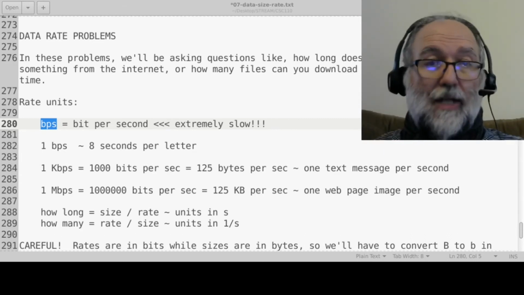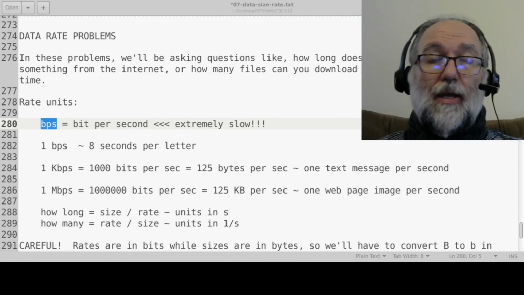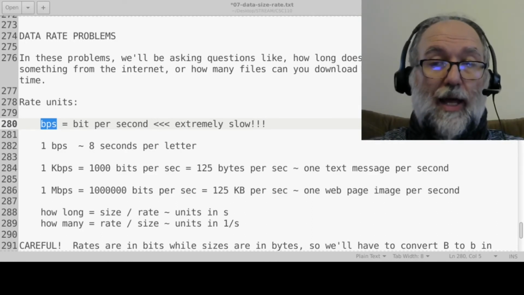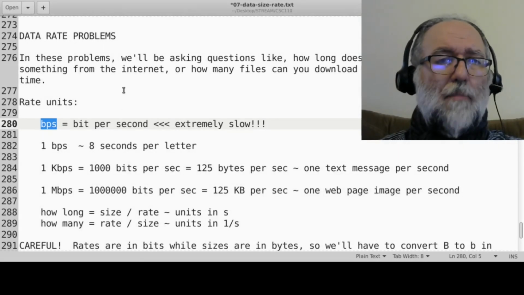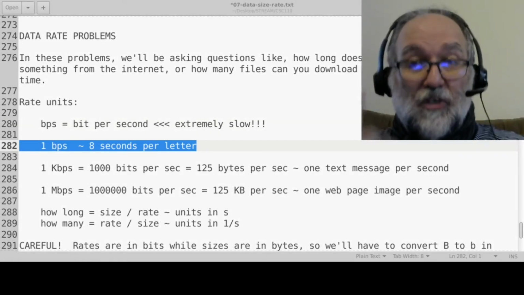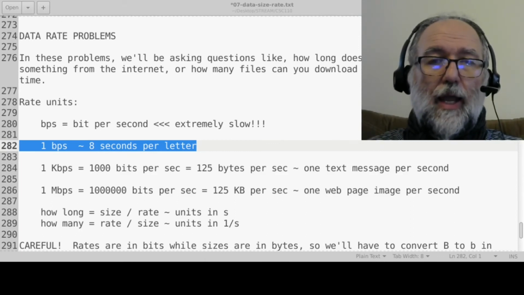As you can imagine, this is extremely slow. Not very slow, extremely slow. Because you need 8 bits to make a byte, and 1 byte is 1 letter. So at 1 bit per second, it would take 8 seconds to transfer just 1 letter from the internet to your computer. That's insanely slow.